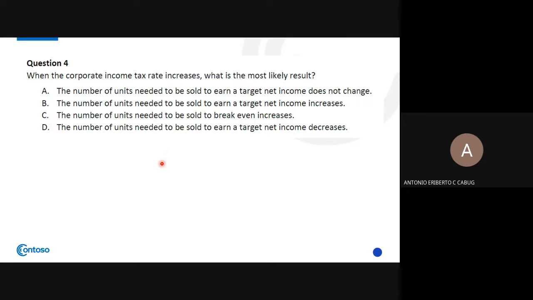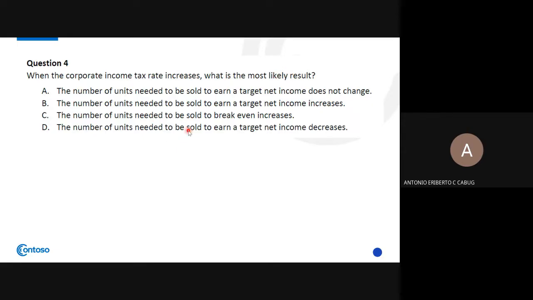Okay, think very well before you answer this question. Enter now. Enter your answers. When the corporate income tax rate increases, what's the most likely result?